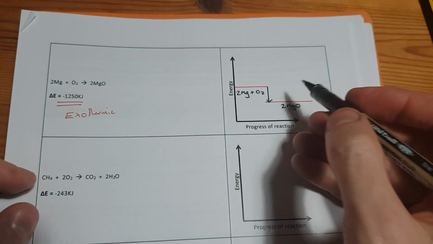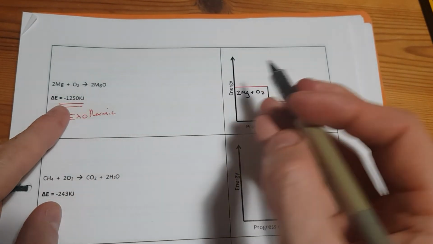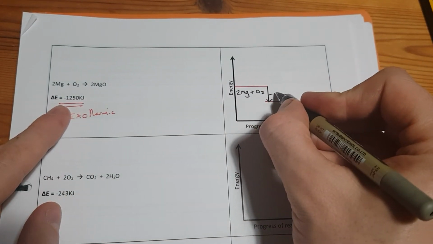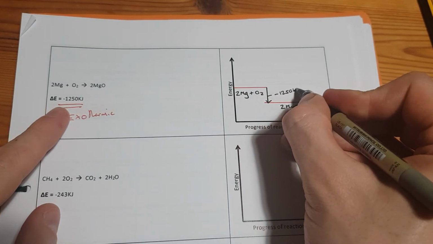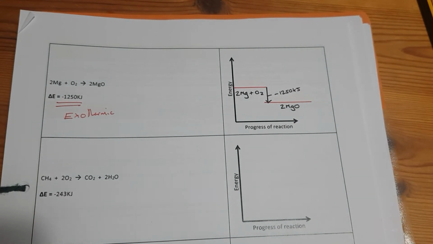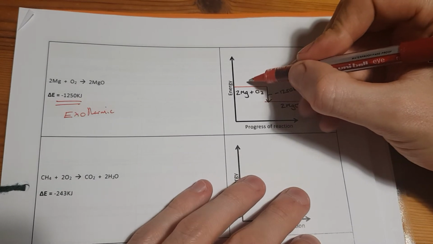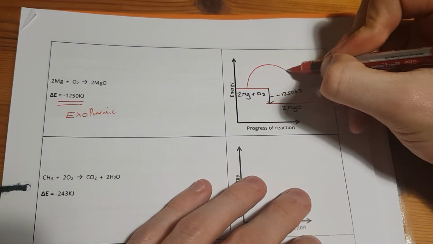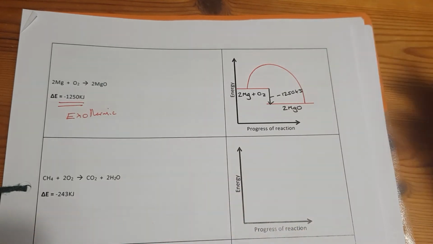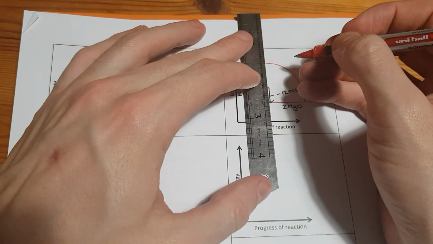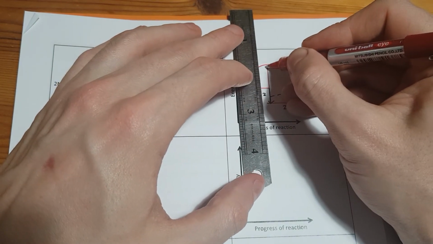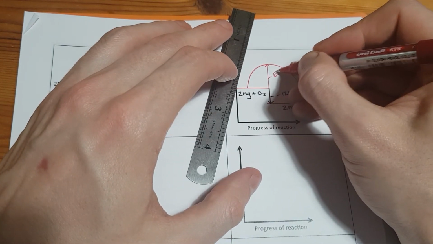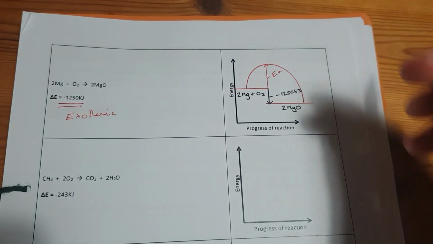And again, we don't have to just say energy change, we know the value. Okay, our energy change is minus 1250 kilojoules. And finally, our activation energy: we're going to draw a vertical line going up from the reactants to the top of that, and there is our activation energy.